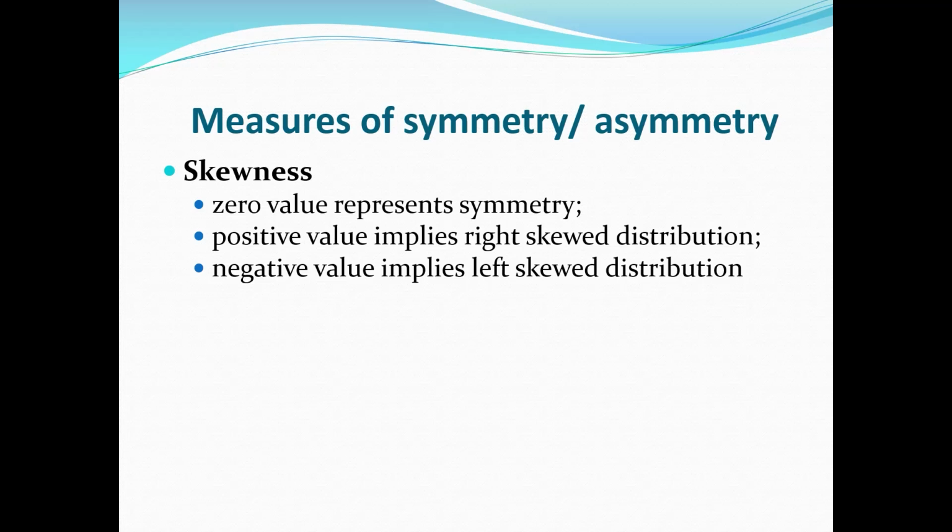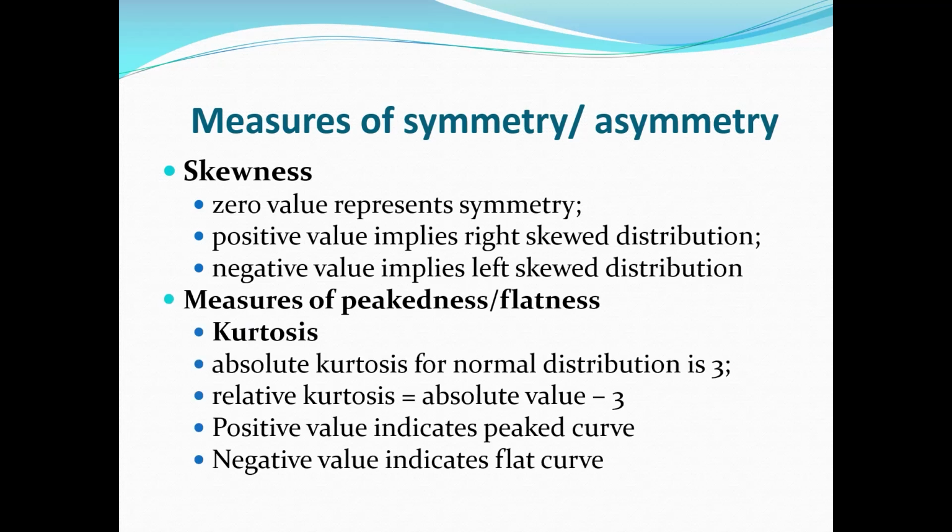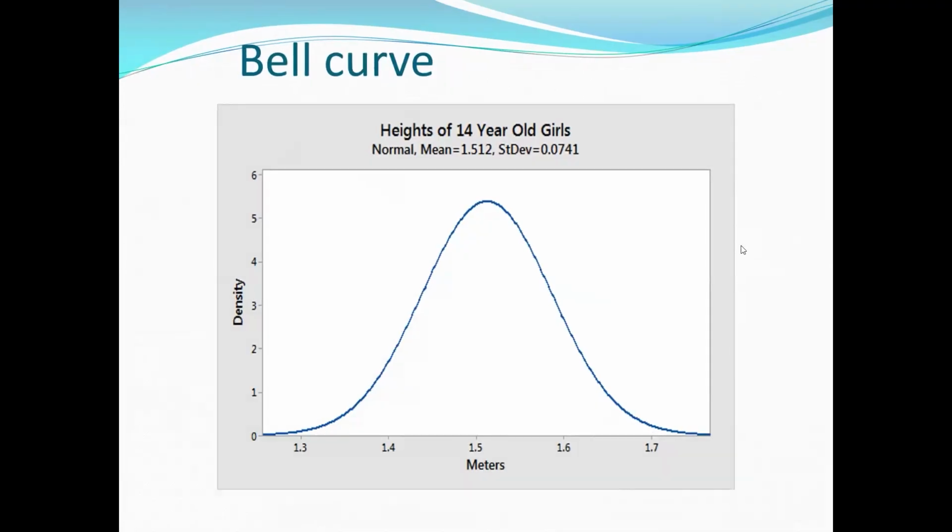Then look at the height of the curves here. This is a normal one. Sometimes the height of the curve may be much higher, or it may be less than this. This is normal, middle. If the curve is very high, the peak is more, or it may be flat.